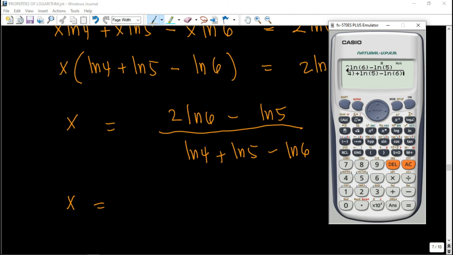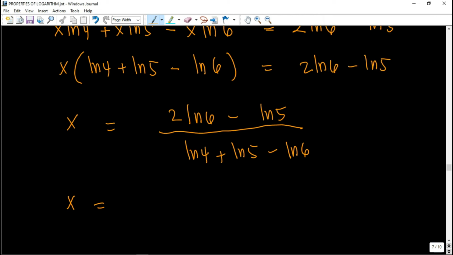Ayan, if you have already input the value, you just click equals. Okay, it gives you this value, 1.6396. Gamitin natin yung 3 significant figures. Approximately, yung x natin is 1.64. Okay, this is the final answer for this problem.